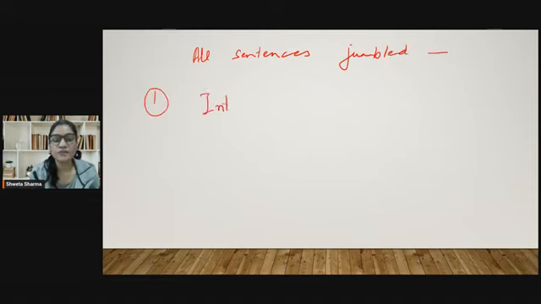One of the question types I told you about is 4 or 5 sentences jumbled. In case of all sentences jumbled, there is one way of looking for the introductory sentence. You always look for the introductory or opening sentence.